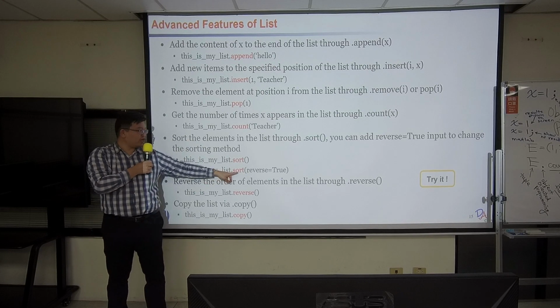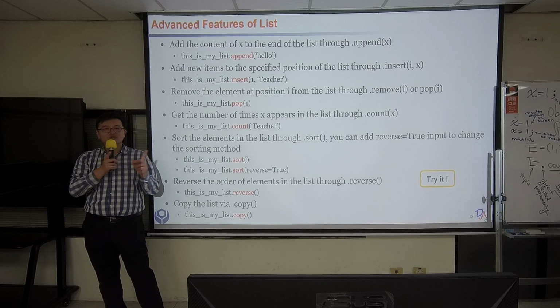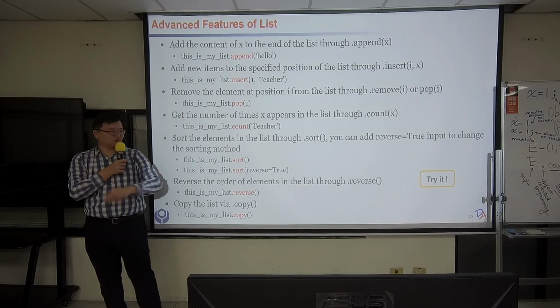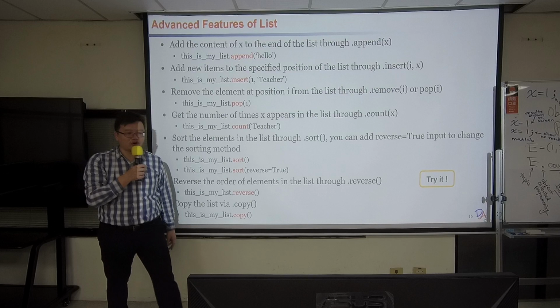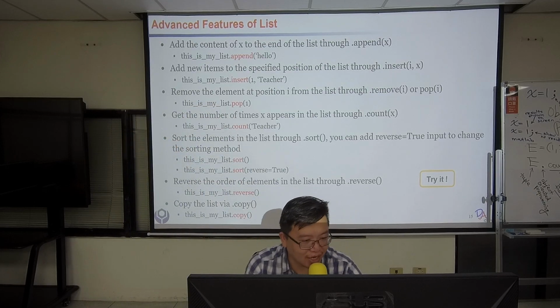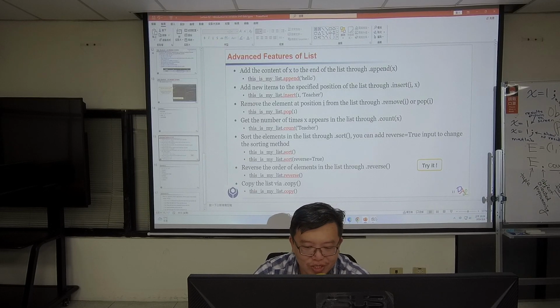If you change the way you want to sort, you want to reverse the way to large to small, you can use reverse. Let's see by default which one is which. So let's try pop, count, sort.